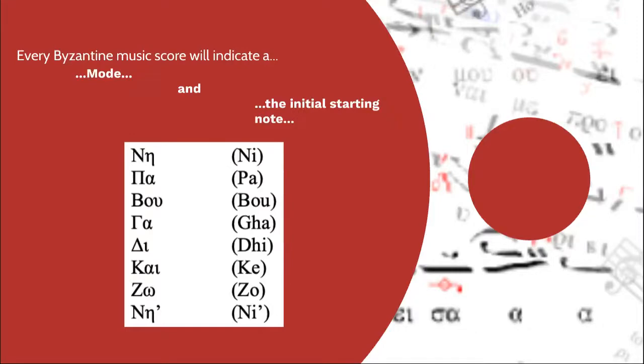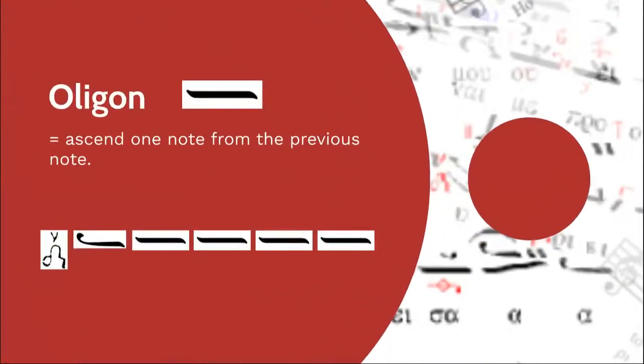Next up, the oligon. Now that we know what the notes in this mode are supposed to sound like, let's introduce our next character, the oligon. The oligon tells us to ascend one note from where we presently are. Oligon means a little, so we ascend just a little, one note up the scale in the mode that we are in.